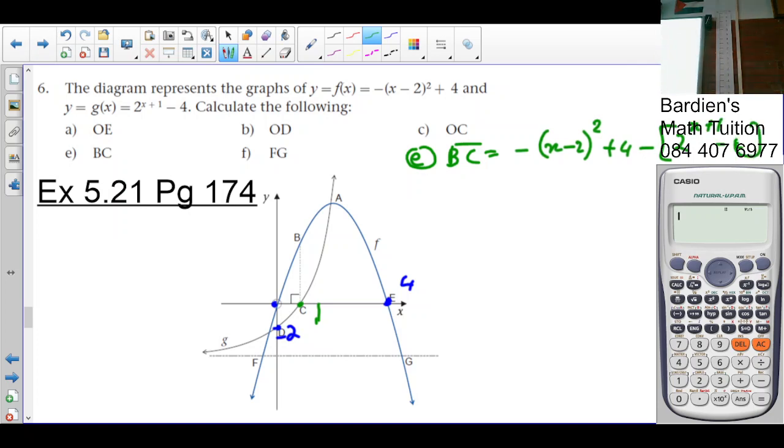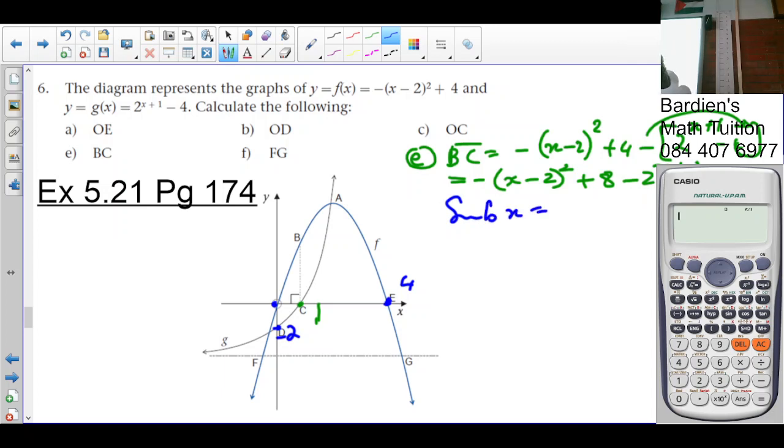That would simply give us negative open brackets x minus 2 squared plus 8 minus 2 to the x plus 1. If you wanted, you could have multiplied this out. So what do we do? We substitute the x value at this point, which is what?